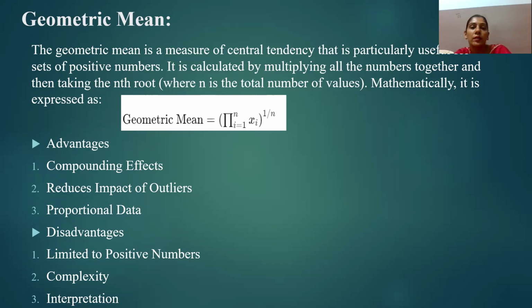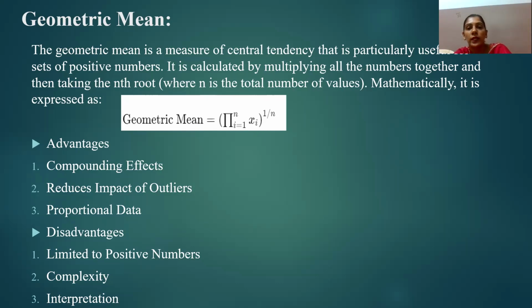So the geometric mean is defined mathematically by this formula, which is given on your screen. What we have to do is, first of all, multiply all the values together, the data set which is given to you.